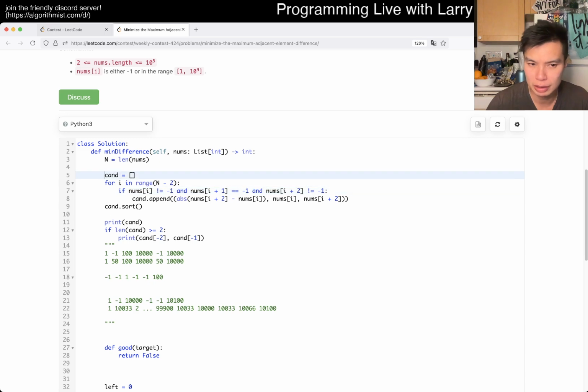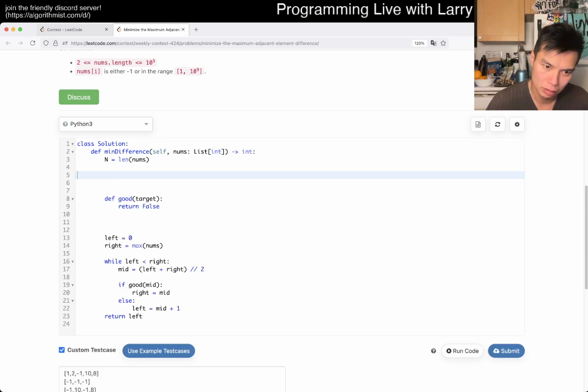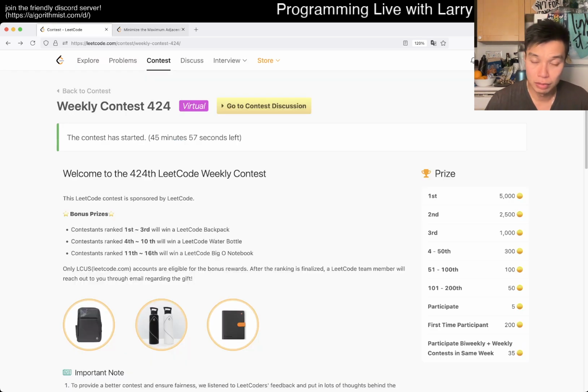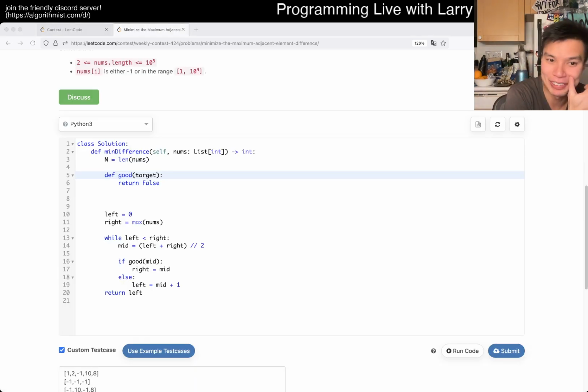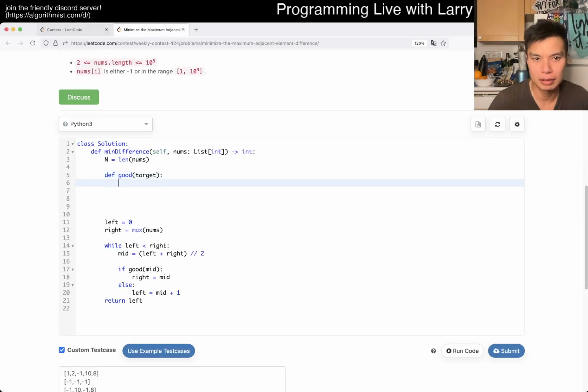Maybe not. I don't think that there's a way to work this. Spent 15 minutes not doing that much, honestly. All right. Can we do this with bounds?